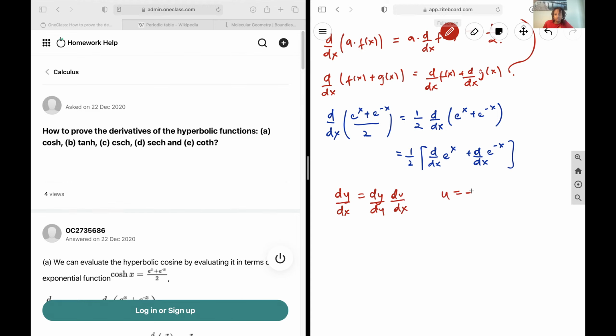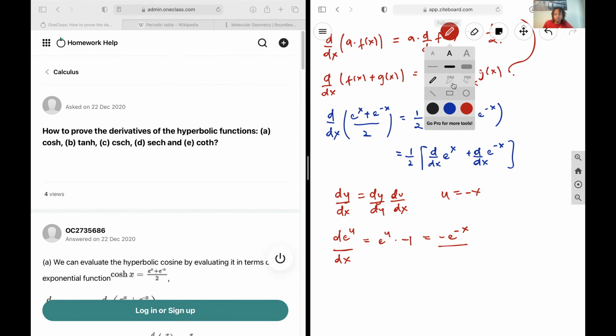So if u is equal to negative x, then the derivative of e to the power of u with respect to x is going to be dy over du, so that's e to the u, multiplied by the derivative of this with respect to x, and that's just going to be negative 1. So it becomes negative e, and then you're just going to put in the u, so to the negative x.